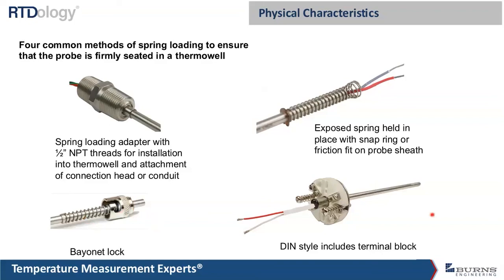And then there's what we could call a DIN style, or European style, where the terminal block is attached to the probe and the screw terminals provide the spring loading into the Thermowell. I'm sure there are other types out there, in fact I know there are, but these are some of the more common ones.